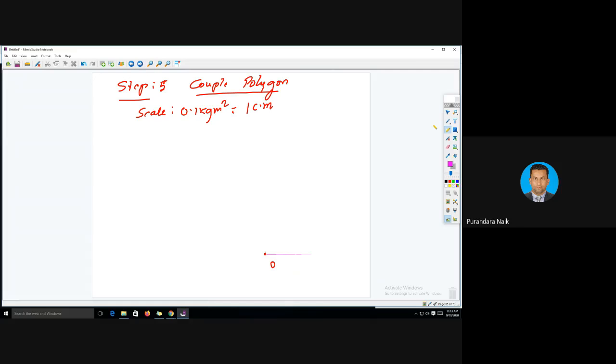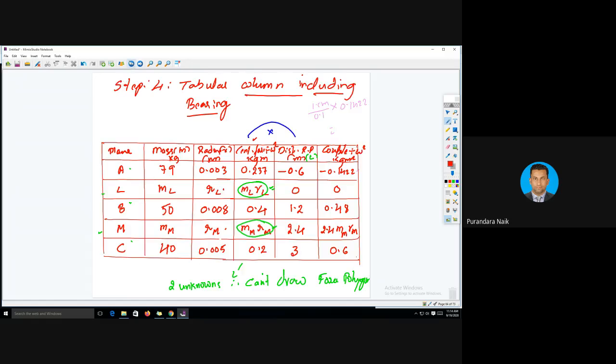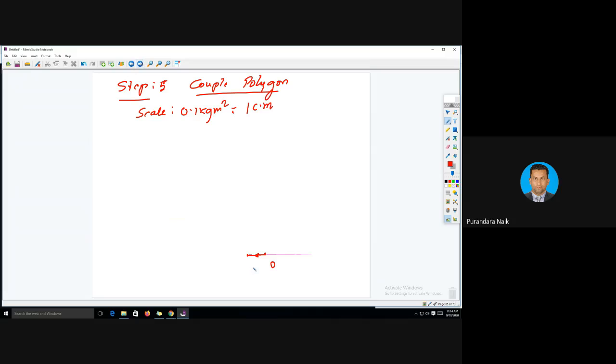You take it in the negative direction, it is 1.42, nearly 1.5 centimeter. So this point is minus 0.1422.